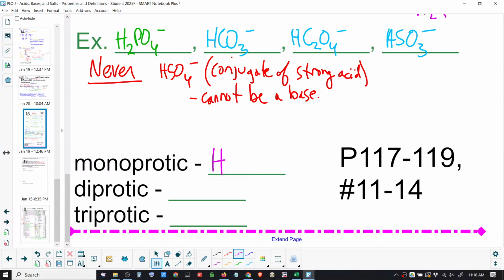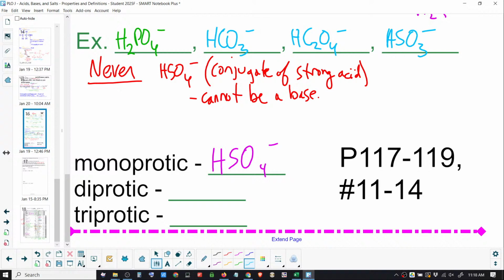I need the end. Any end. The one in your stomach. HSO4, yeah, and put a minus sign. That is a monoprotic acid. It only has one hydrogen to give off. It's a more complicated example. And so it only has one hydrogen to give.